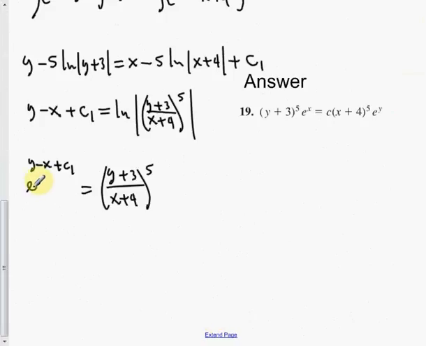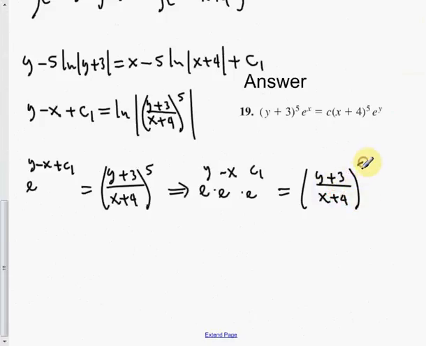You can write this left side as e to the y times e to the negative x times e to the c sub 1. So this implies this is e to the y times e to the negative x times e to the c sub 1. You can write e to the c sub 1 as just a constant. This is equal to y plus 3 over x plus 4, raised to the 5th power.